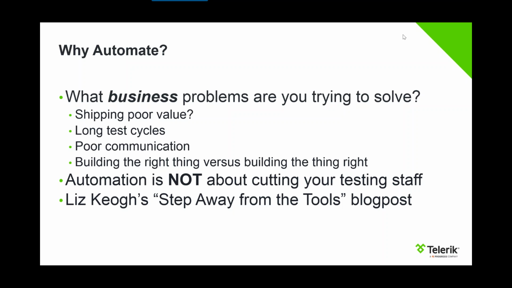Then I buttress that with the concept that the goal is to free up your time to focus on things that computers aren't good at, so that you can ask better questions, find edge cases, and do exploratory testing.